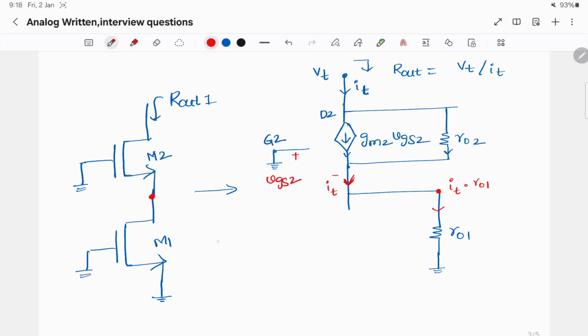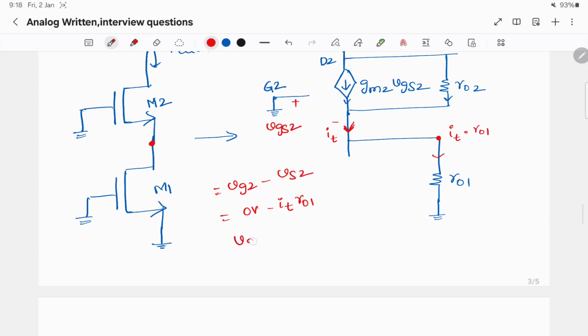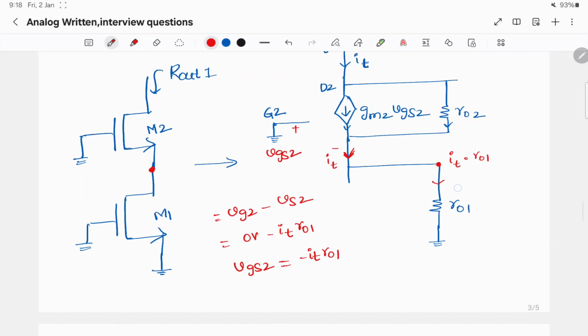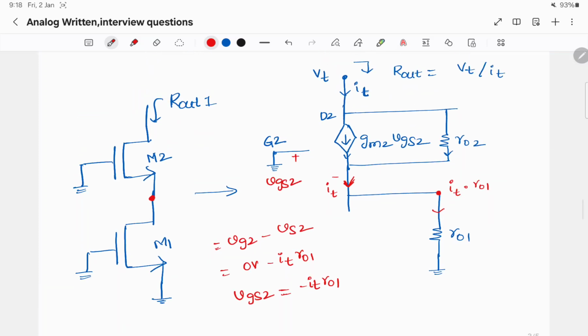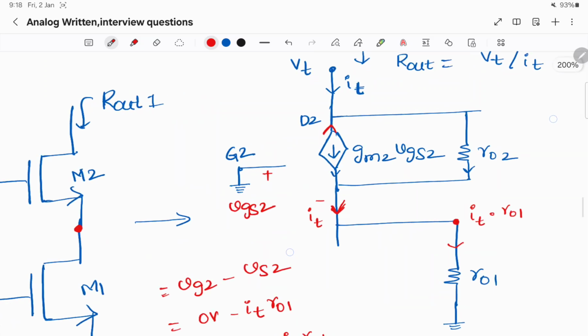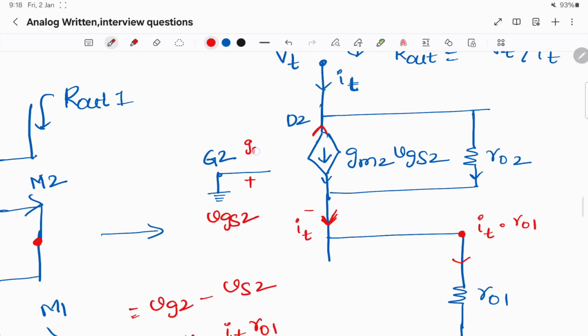VGS2 is VG2 minus VS2. Here VG2 is 0 volts and VS2 is IT times ro1. So VGS2 is minus IT times ro1. So the current flowing in the above direction, from source to drain, is gm2 times IT times ro1.